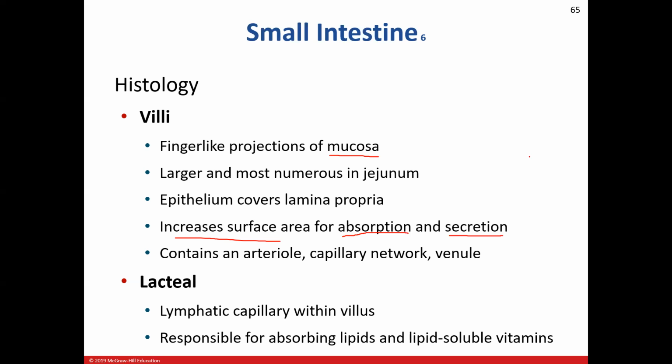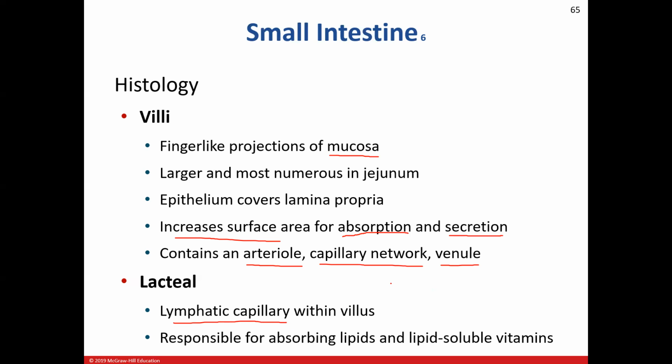And in these villi, these finger-like projections, you will see an arteriole, a venule, and then in between those two structures, our capillary network. Remember, our capillary network is going to be trying to absorb those nutrients from the digestive process. And then interlaced within that capillary network is where we're going to see our lymphatic capillaries.